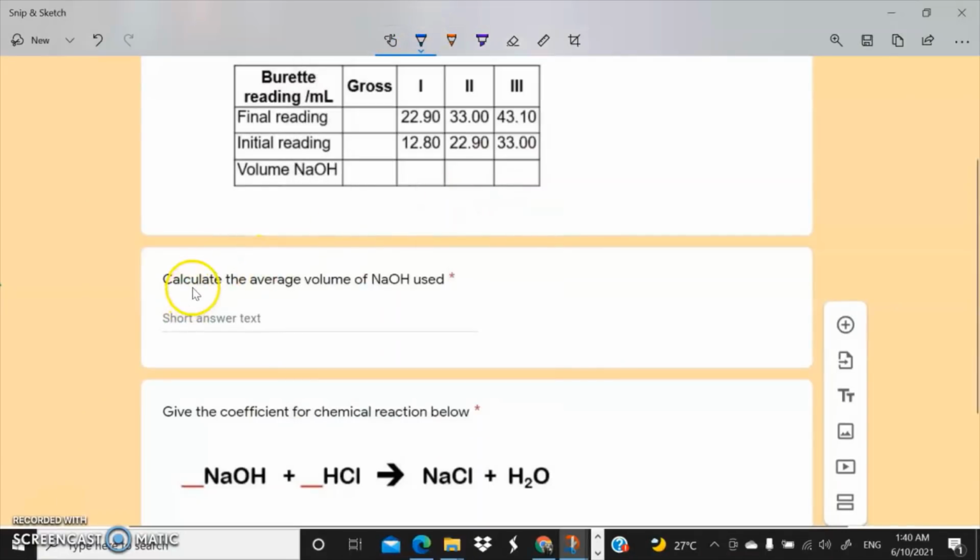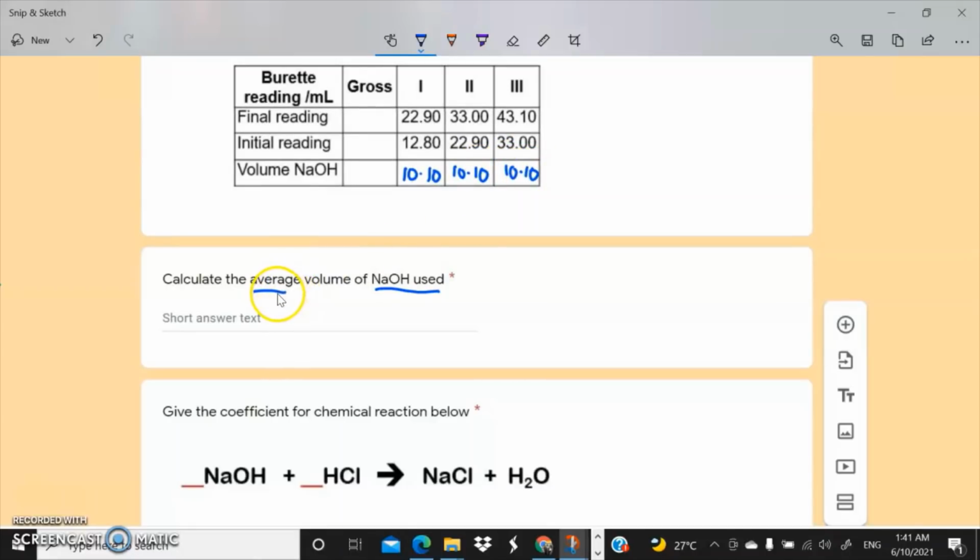Let us continue. Calculate the average volume of NaOH used. If we want to calculate the average, we won't take the gross reading. We just take the titration reading from set 1, set 2 and set 3. So here, what is the volume of NaOH used? 10.10, 10.10.